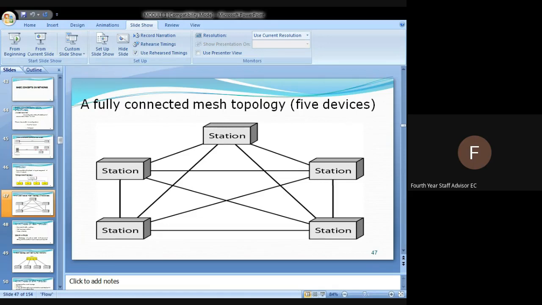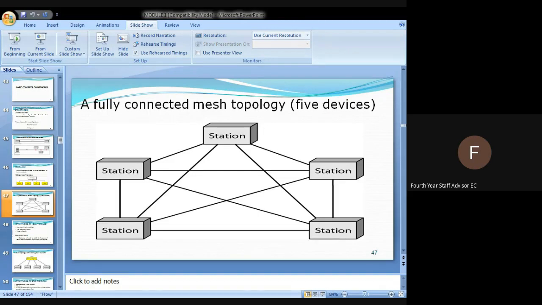If I'm considering one station to the other station, I am having a dedicated point-to-point link between those 2 stations, right? So if you have n stations, how many links are actually required? You require n into n minus 1 links there. That means if you have 5 nodes, about 20 links you require in order to connect each and every device to each other.